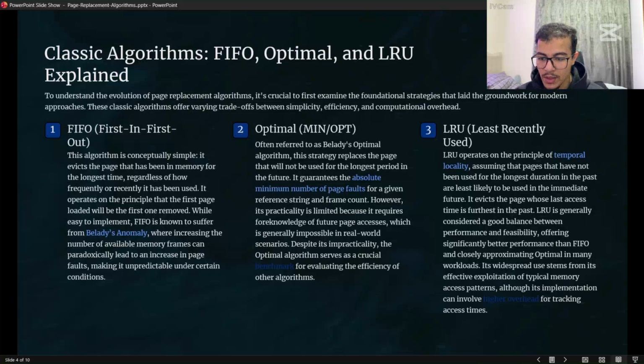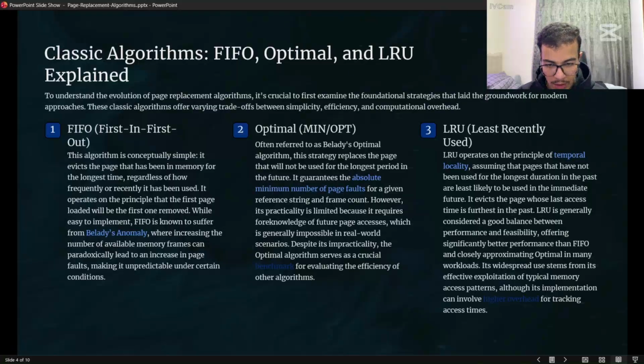However, its practicality is limited because it requires foreknowledge of future page accesses, which is generally impossible in real world scenarios. Despite its impracticality, the optimal algorithm serves as a crucial benchmark for evaluating the efficiency of other algorithms.